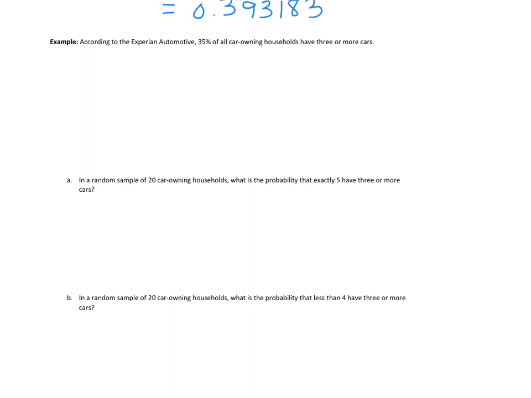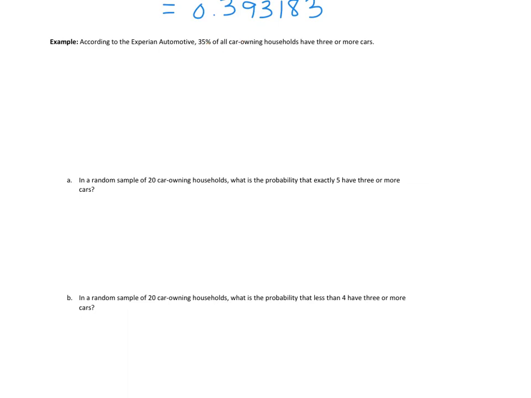All right, so if we are sampling 20 households, that's like 20 trials. It's a random sample, so how we're sampling the households is independent. The probability of success is going to be the same, and we're going to define success as a household having 3 or more cars. I guess that means failure would be 2 or fewer cars. Okay, so this is a binomial experiment.